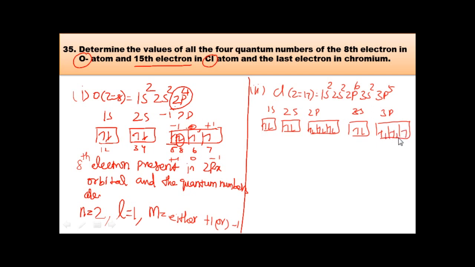So the question, the 15th electron in the Cl atom, that is the chlorine atom. So count that: 1, 2, 3, 4, 5, 6, 7, 8, 9, 10, 11, 12, 13, 14 and then 15. So this is the 15th electron. Actually 3px, 3py, 3pz.